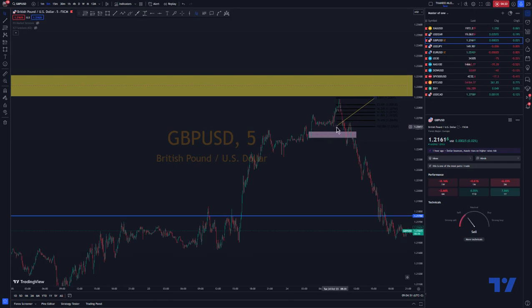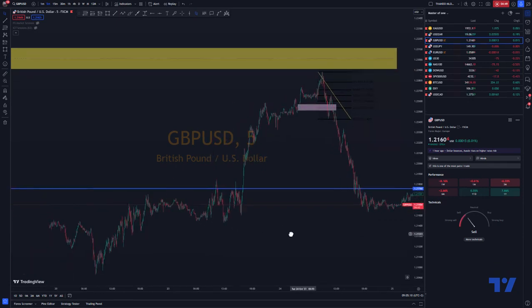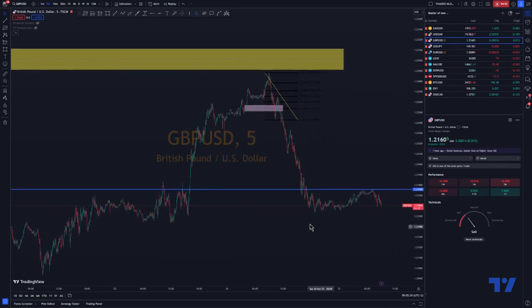The best entry price could have been this here, at the 50% retracement, right? That was a good entry point towards the downside, taking profit right over here.